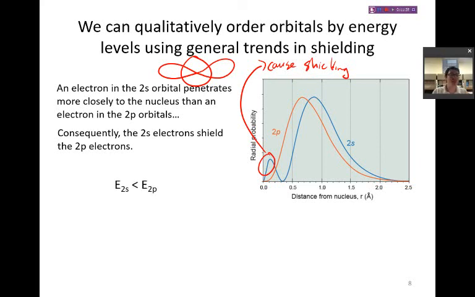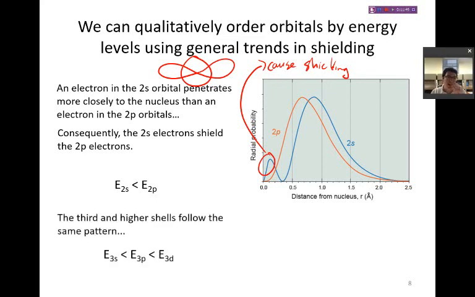Therefore, the energy of the 2s electrons is lower than the energy of the 2p electrons. And this same pattern is followed by higher level shells. So within the third shell, the s electrons are lower in energy than the p electrons, which are lower in energy than the d electrons.